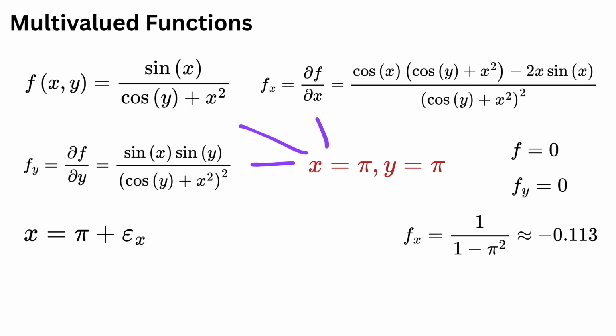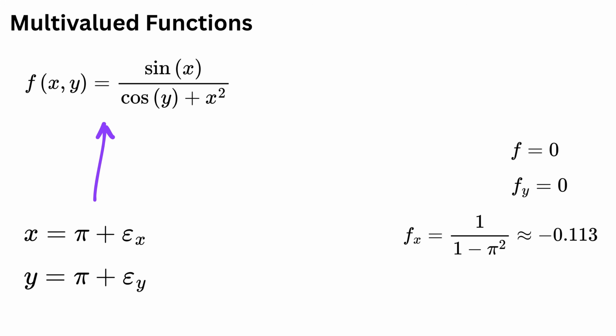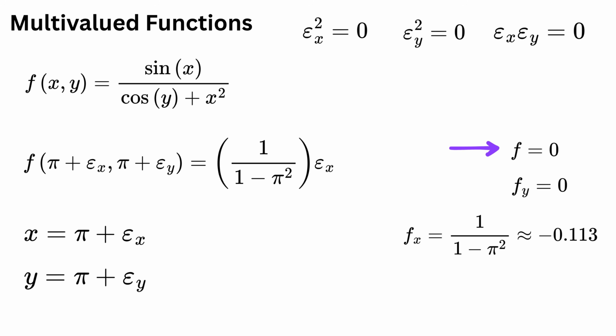If we use x equals pi plus epsilon sub x, which means it is an epsilon of x, and y equals pi plus epsilon sub y, and substitute it in f. Note that both the epsilons follow these dual number rules. So after doing dual number operations on it, we get the real part as 0, the coefficient of epsilon sub x as 1 divided by 1 minus pi squared, and the coefficient of epsilon sub y as 0.